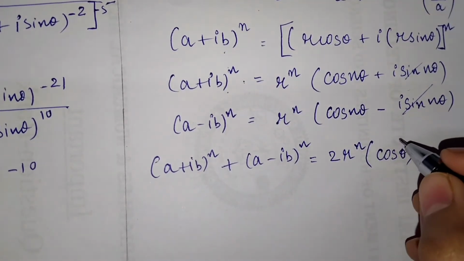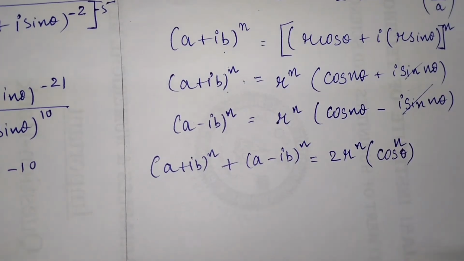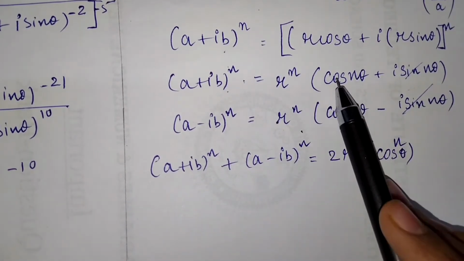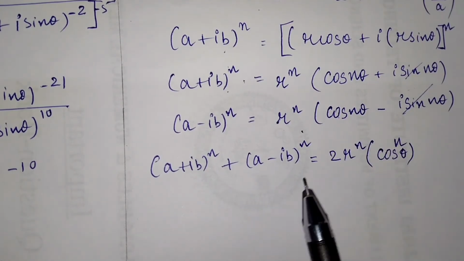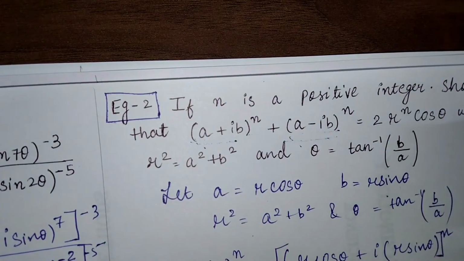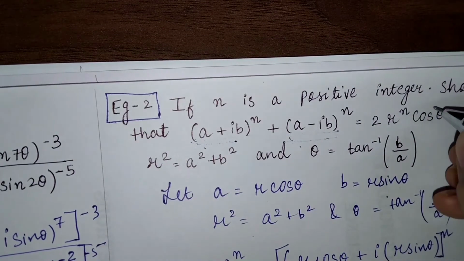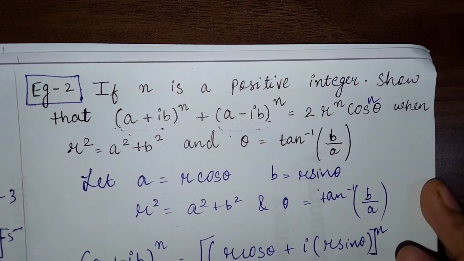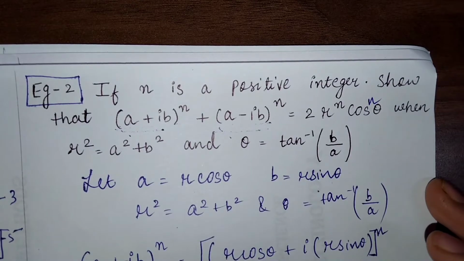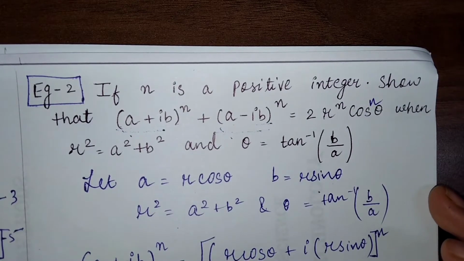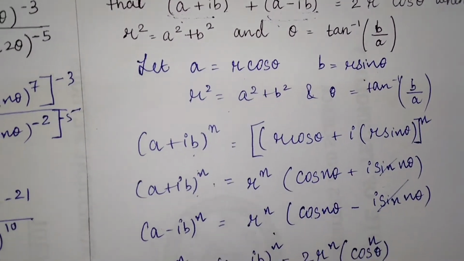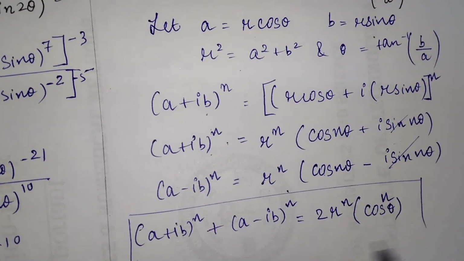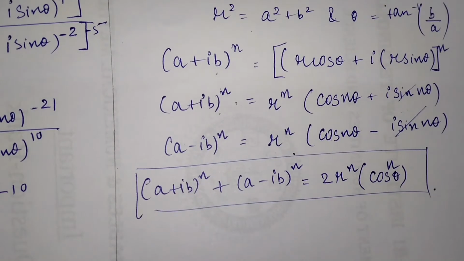Sorry, cos n theta. 2r raised to n into cos n theta. Okay? So here also n is there. In the question also n is given. So whenever we add these terms, we get this term. That only we have to show. So this is the answer of the given example.